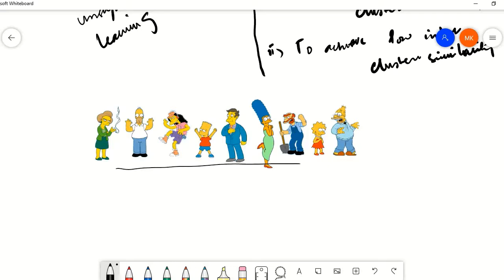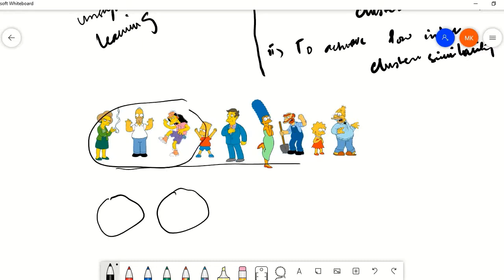So let's say a clustering algorithm is given the task to separate out the Simpsons family into two groups. Depending upon the nature of the algorithm that we use, as all algorithms operate differently, they are going to come up with their own set of clusters. According to one algorithm, maybe all these people are placed in one group and the rest are placed in another group.